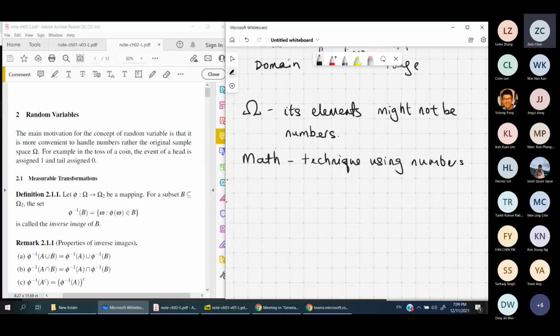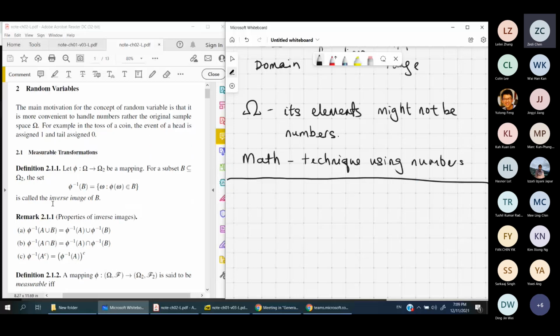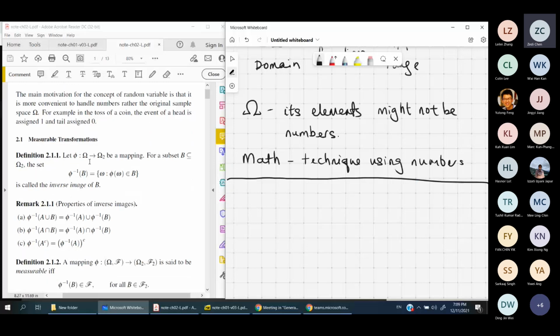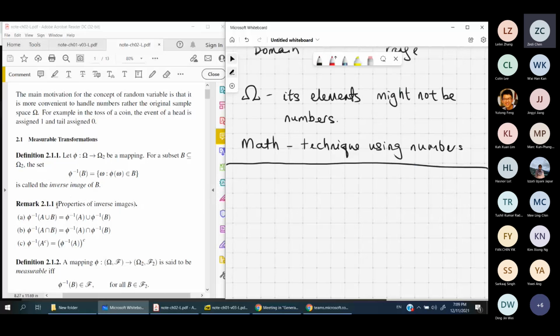Before doing this, let's look at some general ideas, some concepts in mathematics which we need to use in our course.